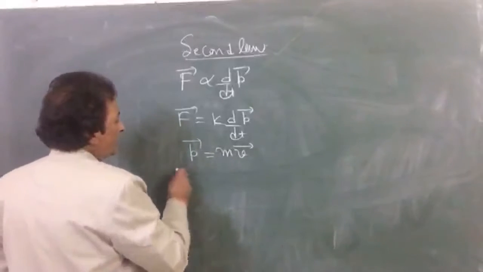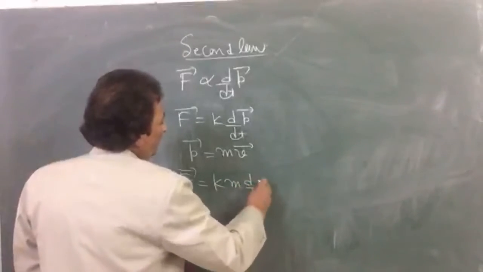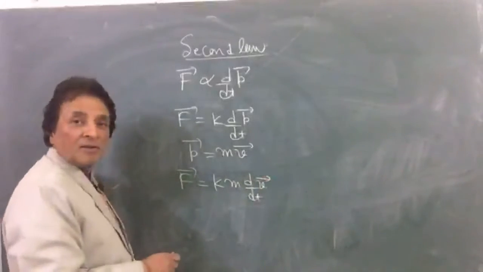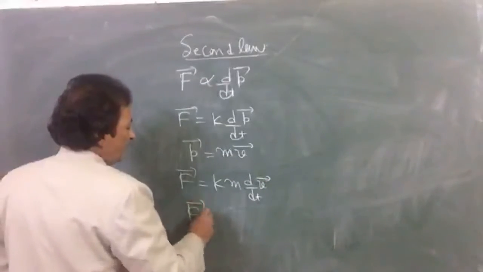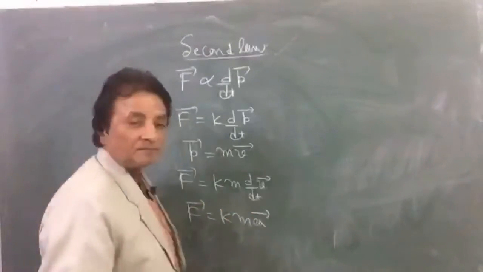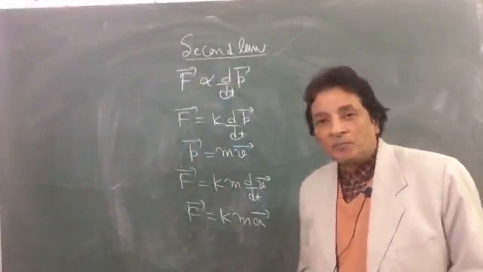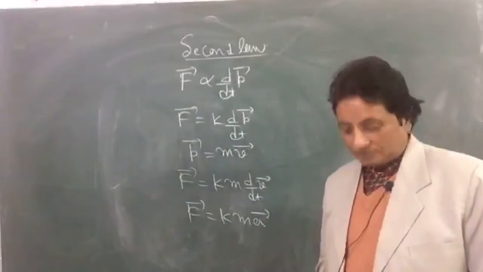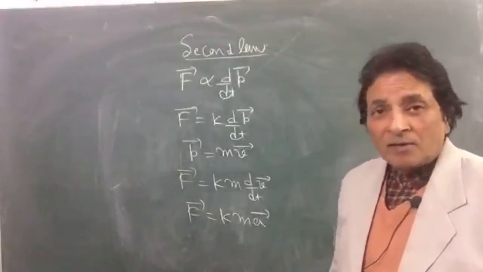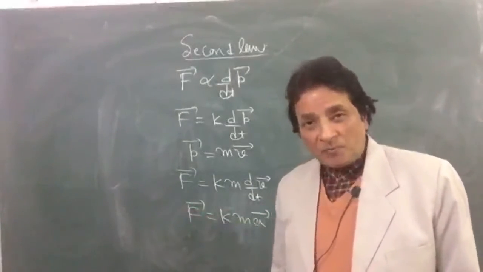So F is equal to Km dV/dt. What do you find? F is equal to Km into A. What is A here? The acceleration. What is F here? The force impressed.